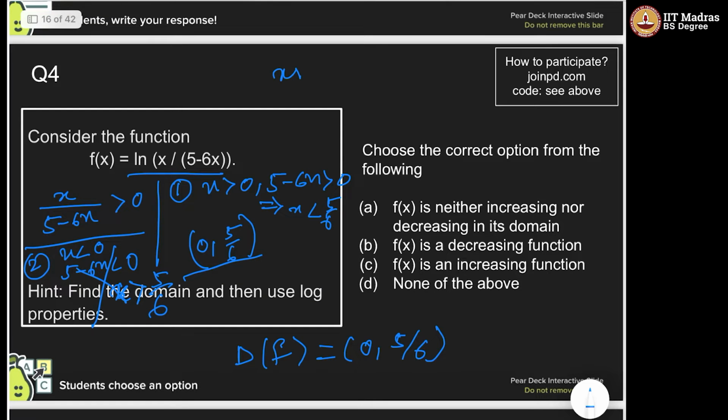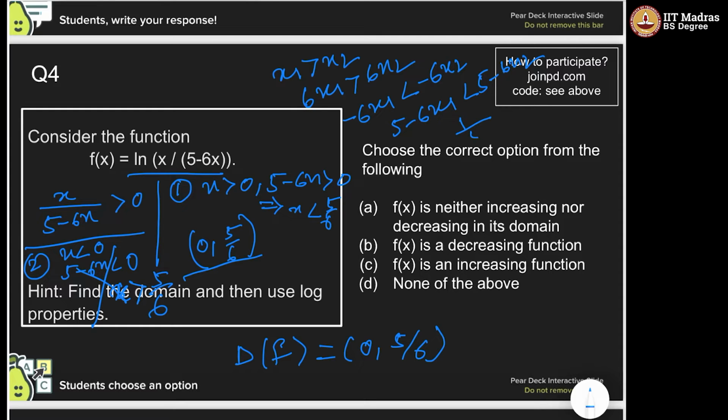Now if we take x1 greater than x2, then 6x1 is greater than 6x2, right? So minus 6x1 will be less than minus 6x2, and 5 - 6x1 is then less than 5 - 6x2. Then 1/(5 - 6x1) is greater than 1/(5 - 6x2).